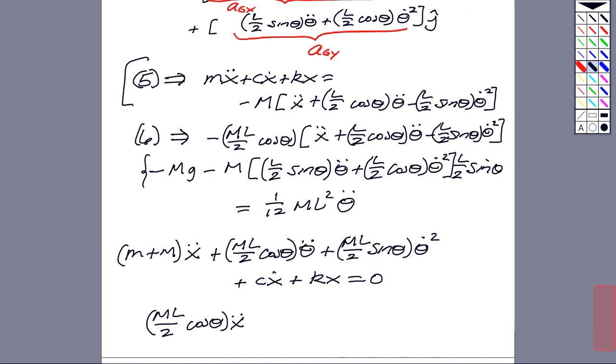My theta double dot, I'm going to have a 1/12 m L squared coming from the right-hand side already. I'm bringing over to that same side a big M, L squared over 4 cosine squared of theta. I'm also going to have brought over to that side the same thing with a sine squared.